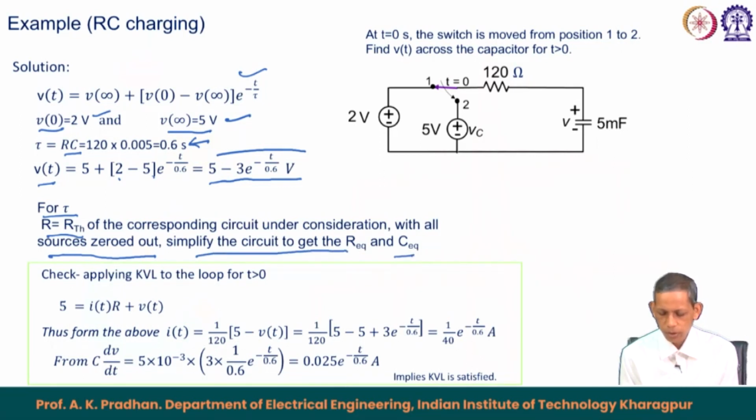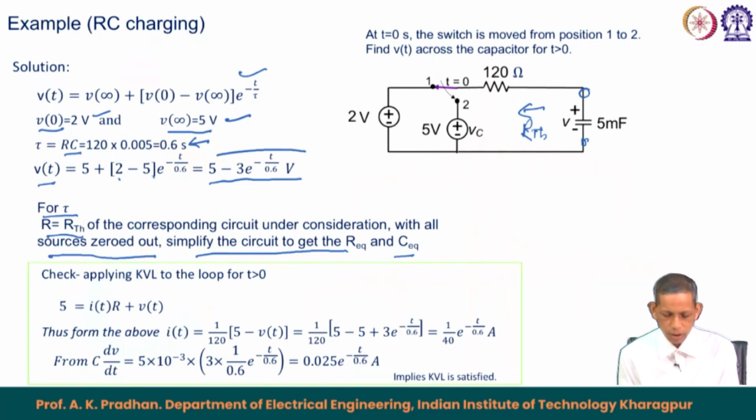So, from the C we look in and find the corresponding R equivalent or R T H with all sources zeroed. Zeroed means if we have any internal resistance of these sources, we keep their resistance, and if it is a voltage source, short it, and if it is a current source, keep it open.